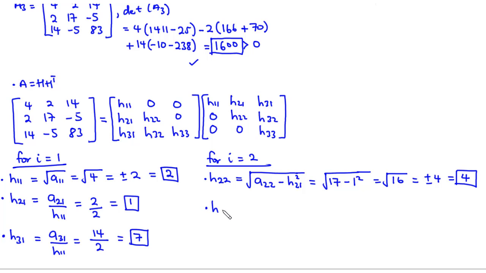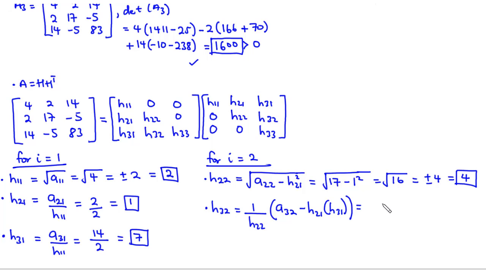Now let's move on to H32. For H32, from the algorithm, you are going to have 1 over H22 times A32 minus H21 times H31.